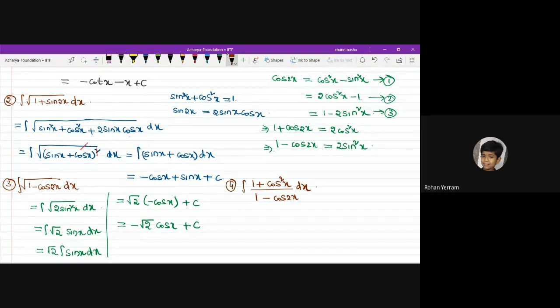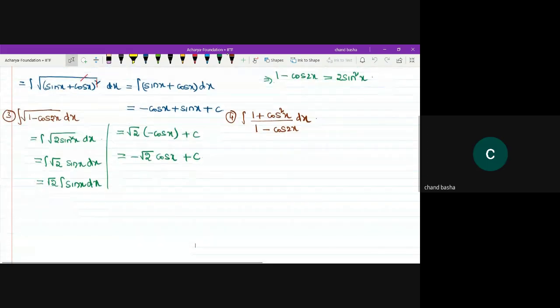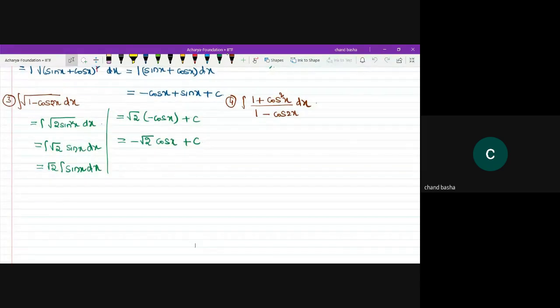Try to change 1 minus cos 2x. You can write 2 sine square x, and afterwards you can apply the integrating formulas. Integral of 1 plus cos square x divided by 2 sine square x dx. 1 minus cos 2x means it is 2 sine square x.